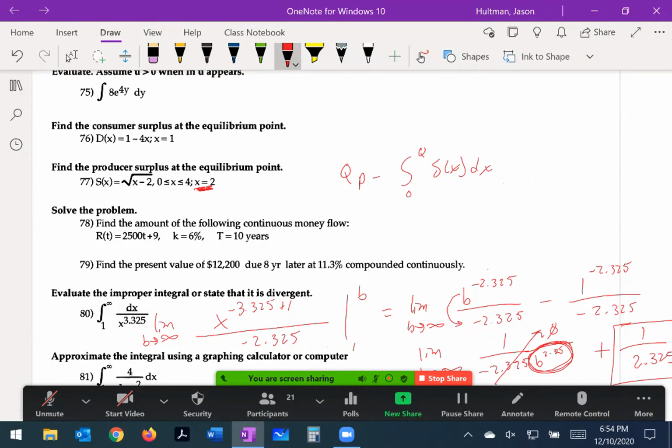S of X. So if we evaluate X equals 2, but what's the price? That's what I want to know.